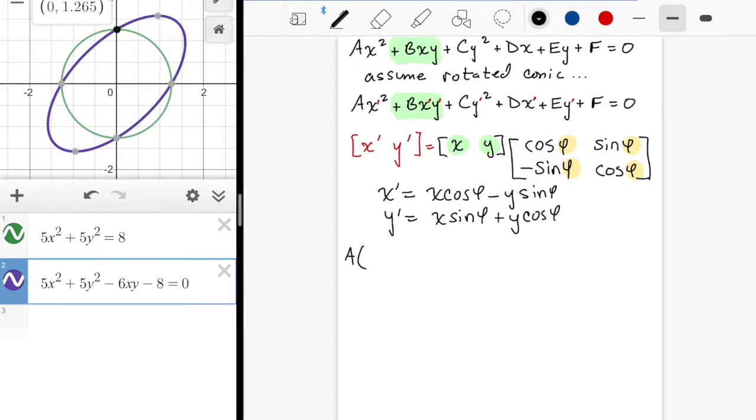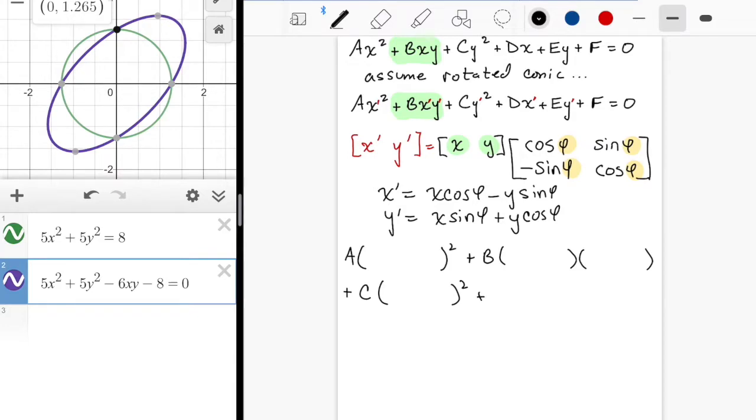So A, all that, plus B, well, I think I'm going to be doing a little shrinking in here. So B, plus C. My C looks like an open parenthesis, so let me make that look more C-like.